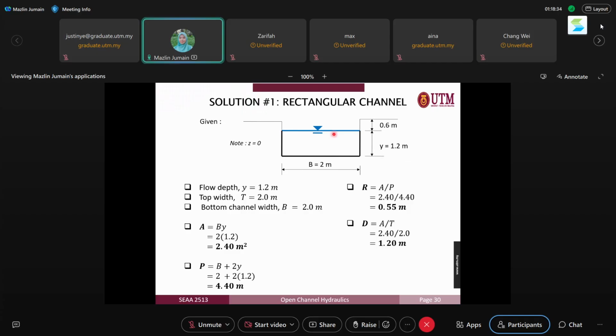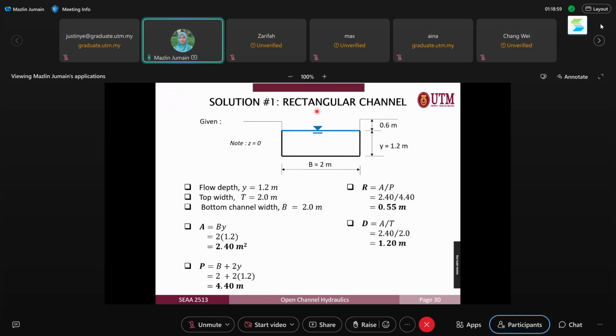So this is the sketch for the shape of the rectangular channel. We have B equal to 2 meter, the flow depth here 1.2, and we have the freeboard here, 0.6 meter. And then the side slope is 0 because it is a rectangular, not a trapezoidal or triangular shape.